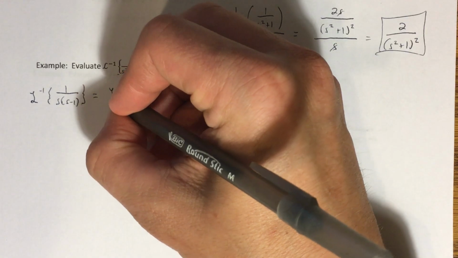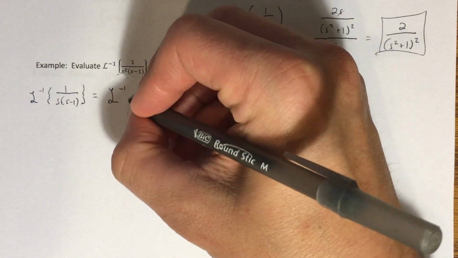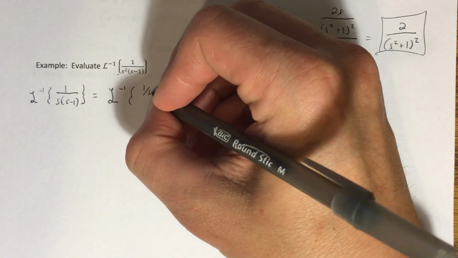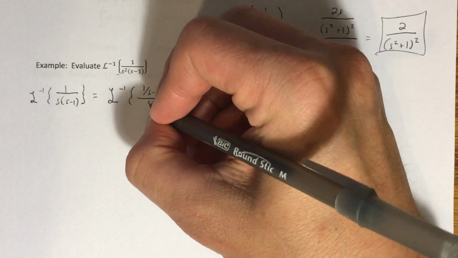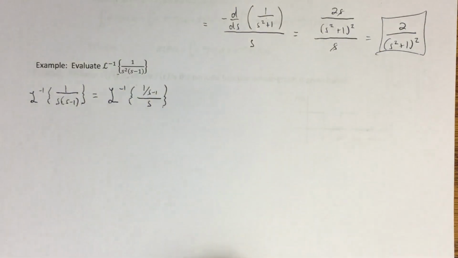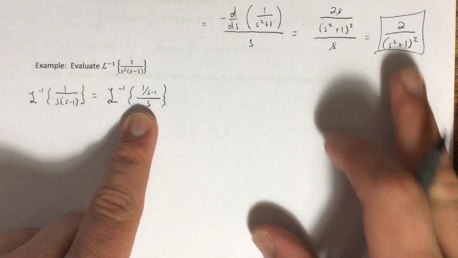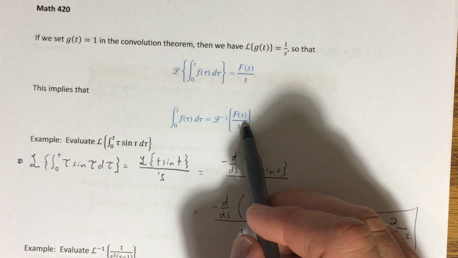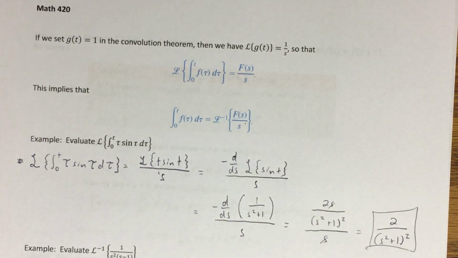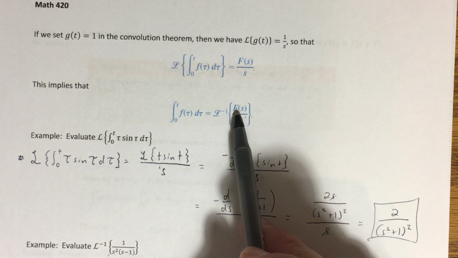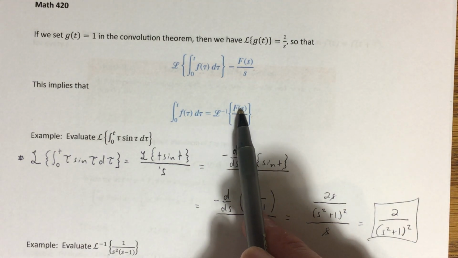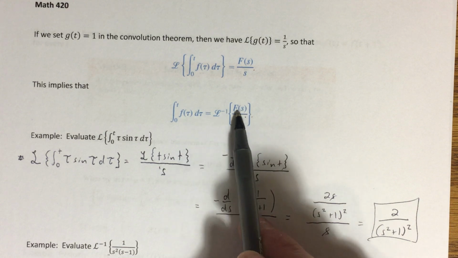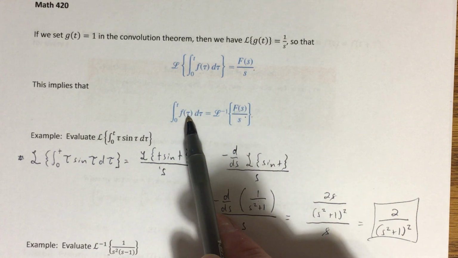Notice I could rewrite that function this way: 1 over s minus 1, all over s. And the reason I'm doing that is because now it looks like a function of s over s. This function of s here, this capital F of s, relates to this f of tau in that it is the Laplace transform of f of tau.